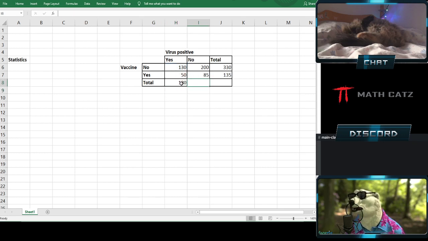I don't have to actually retype this. I can just copy the formula over and copy the formula over again because I want to add up the totals as well. So there we go, all our numbers. So a total of 465 people were in this study. All kinds of combinations. Some had the vaccine, some didn't, some had the virus, some didn't.